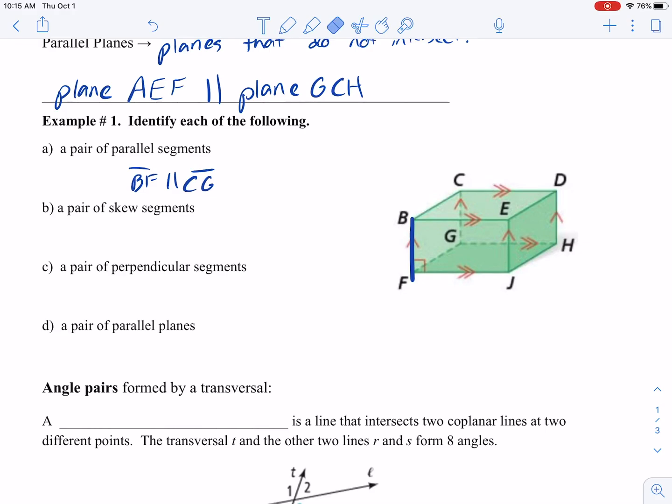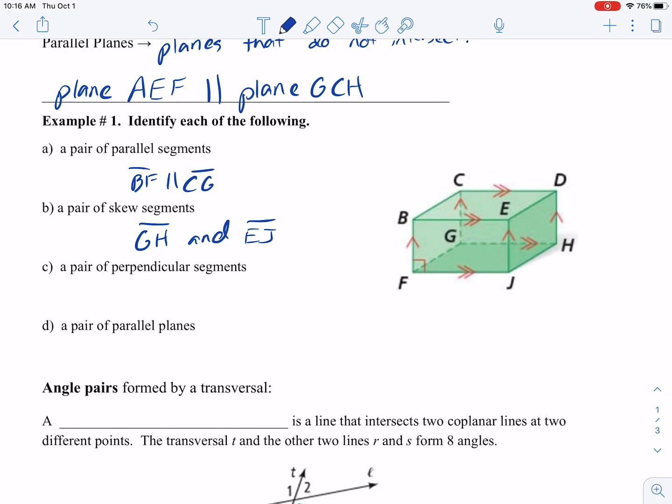How about for skew? Go ahead and name a pair of skew segments. Maybe you said GH and EJ. I know it looks like those are intersecting, but really they're not. It's a 3-dimensional figure. They're not coplanar and they're not intersecting.